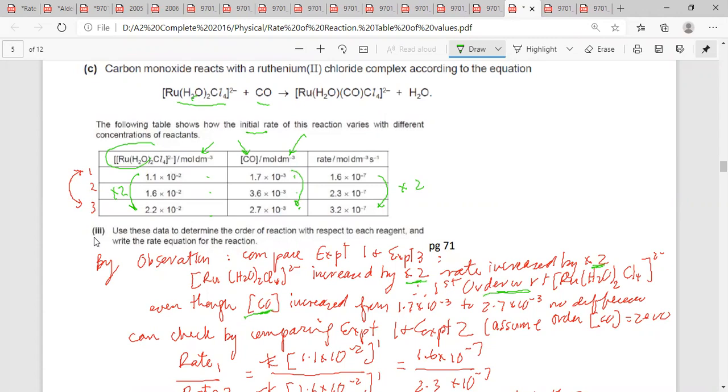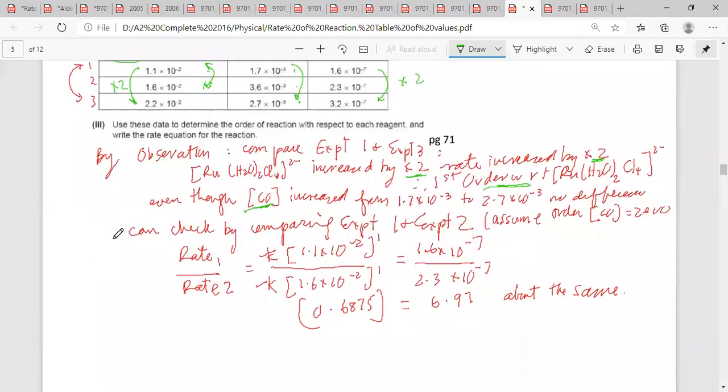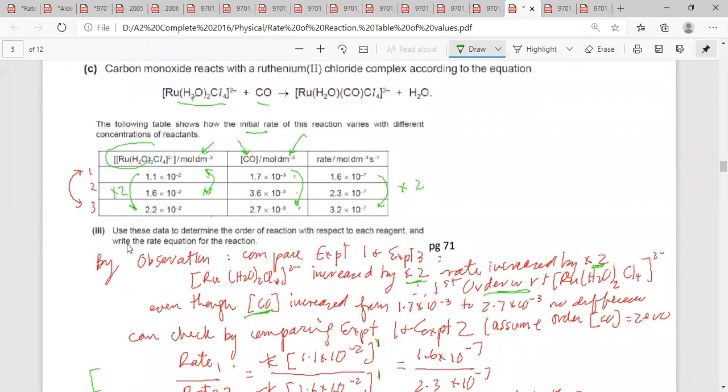I can check it by doing 1 and 2. You can check it if you want to. In the exams, you don't bother. You compare rate 1 and 2. So you put 1 here, 1 here. In the rate law, your ruthenium complex power 1, and your CO power 0.